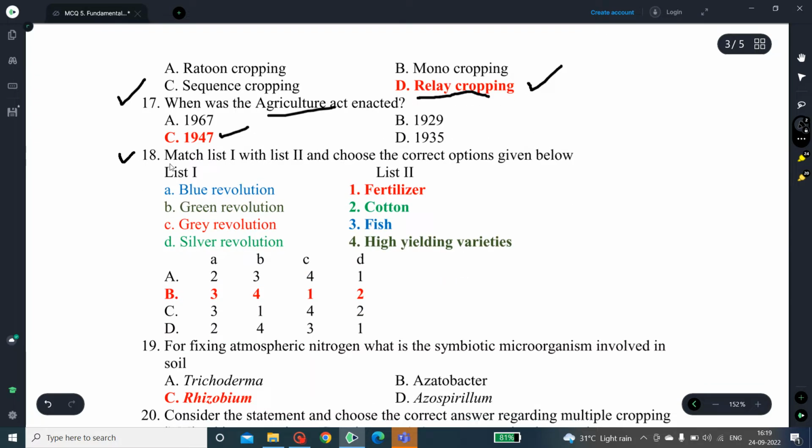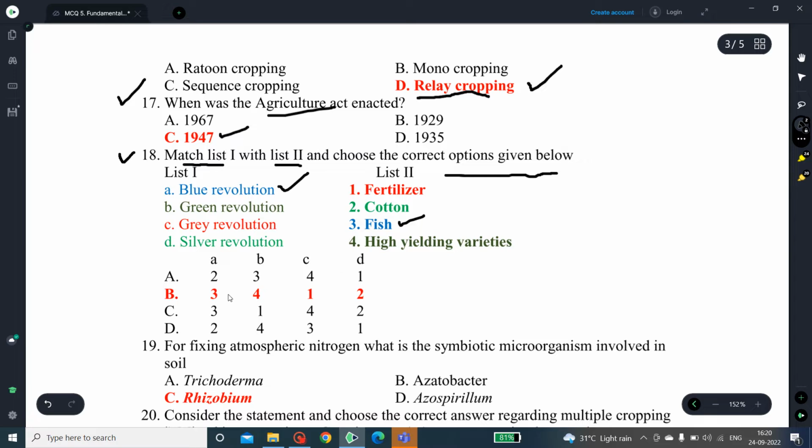18th question, match list 1 with list 2 and choose the correct options given below. In the list 1, Blue Revolution. Blue Revolution is nothing but production of fishes.